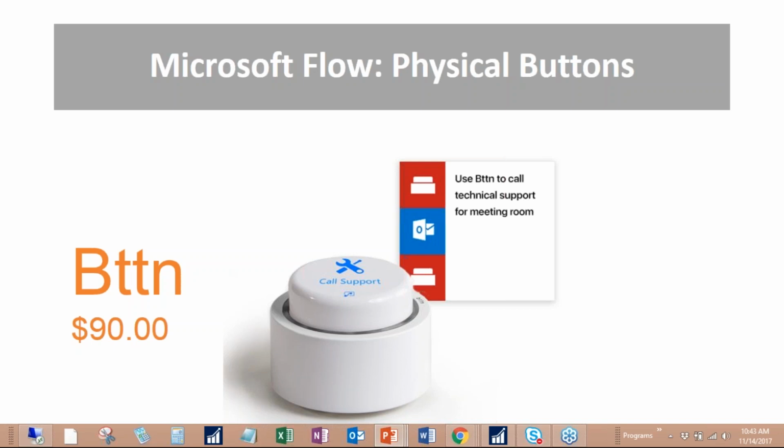So it needs a power supply, but this could be in a remote warehouse that doesn't have Wi-Fi. And again, they're using this one labeled for calling support, in that scenario I mentioned earlier about calling for tech support. But this is a physical device that can interact with Microsoft Flow and create whatever it is you want this flow to create.